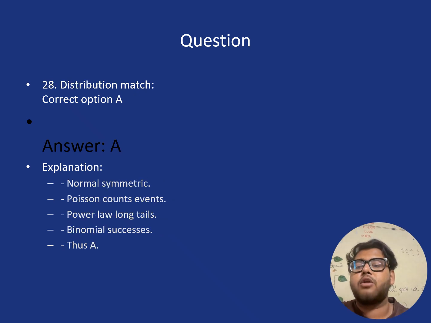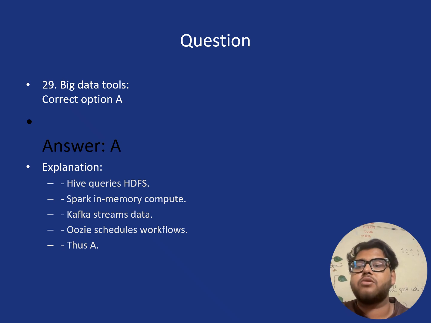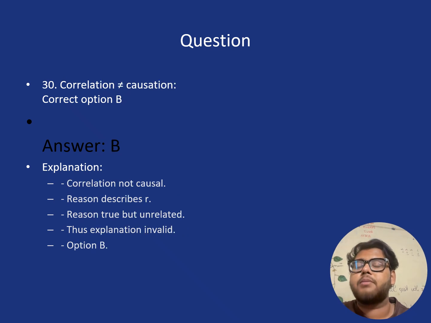Distribution match. Normal symmetric, Poisson counts events, power law long tails, binomial successes. Big data tools: Hive queries, HDFS, Spark in memory compute, Kafka streams data, Oozie schedules workflows.